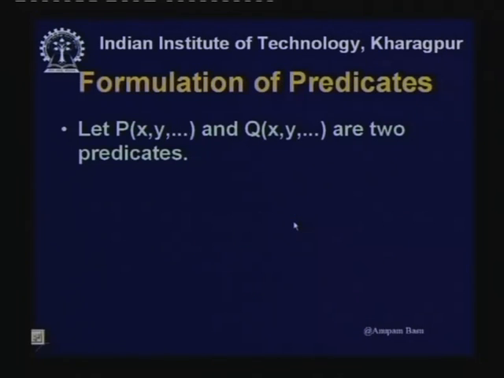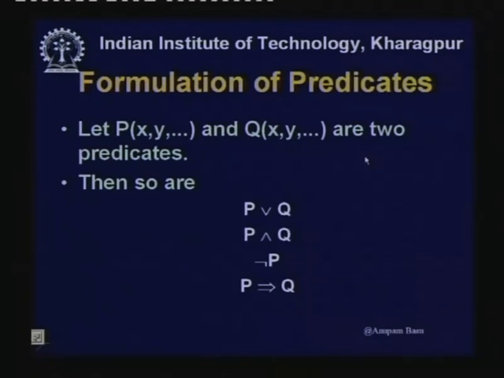Now, how do we formulate predicates? Let P(x, y, etc.) and Q(x, y, etc.) be two predicates. Remember how we defined well formed formula or valid sentences in case of propositional logic. We have got exactly similar type of definition in the case of predicates also.